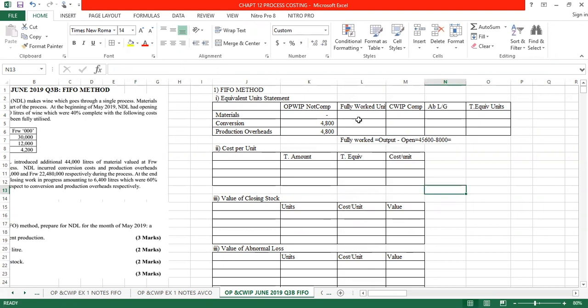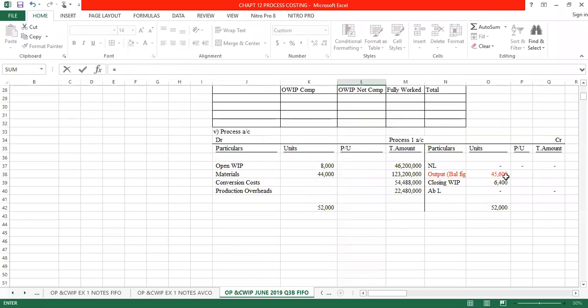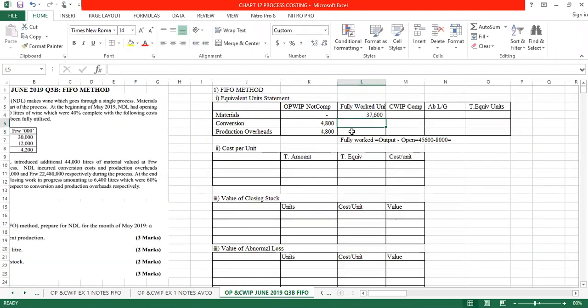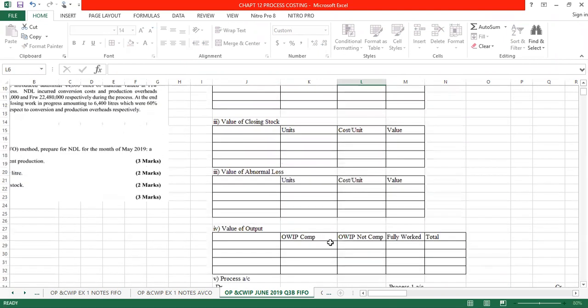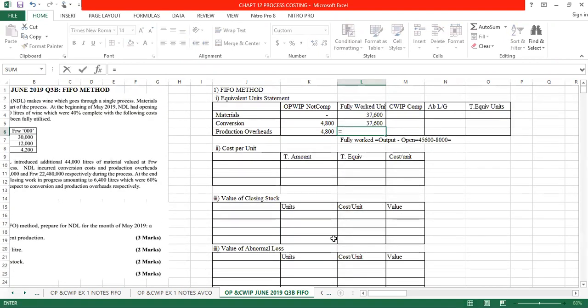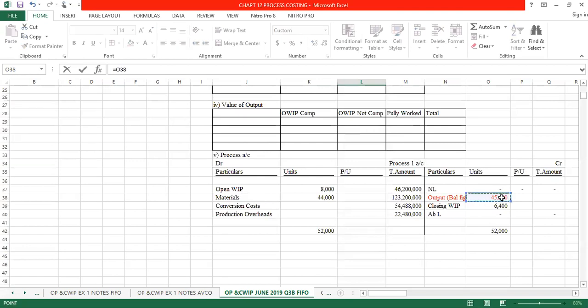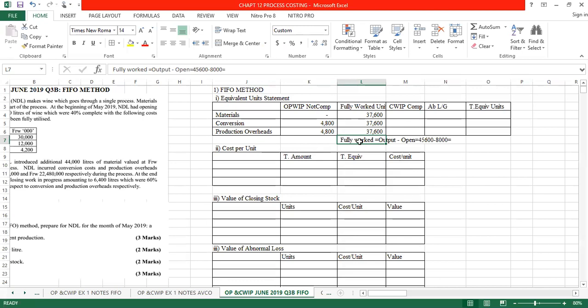We can post it. So what is your fully worked? Fully worked is equals to 45,600 minus 8,000. So fully worked is there, and now I know the answer: 37,600.